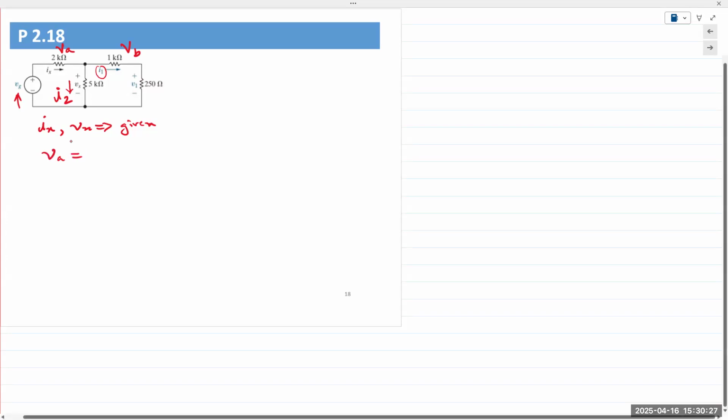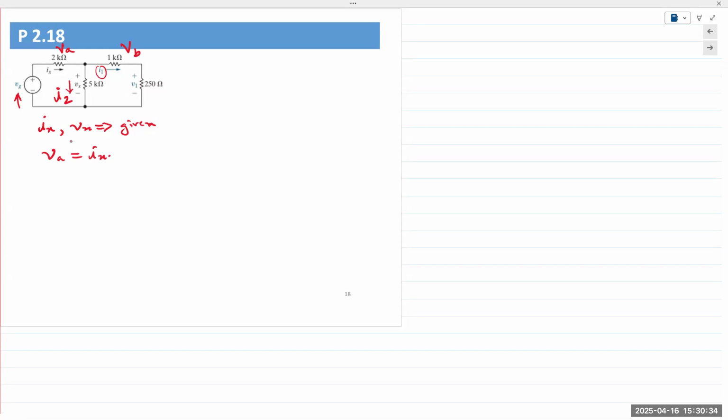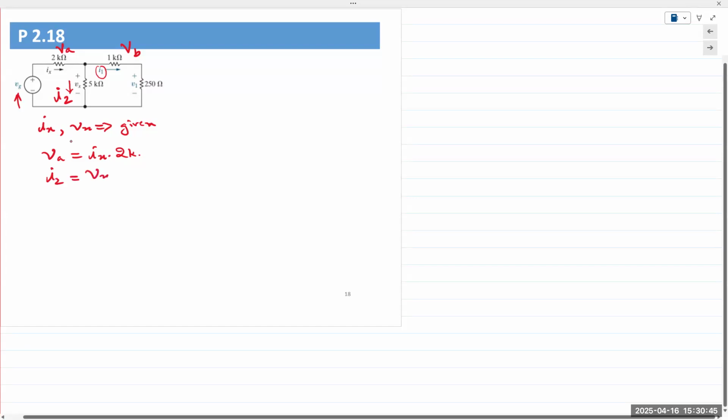VA is simply Ix times, I don't know what that resistor is, let's say 2 kilo ohm. That's from Ohm's law. I can find I2 from Vx over 5K.